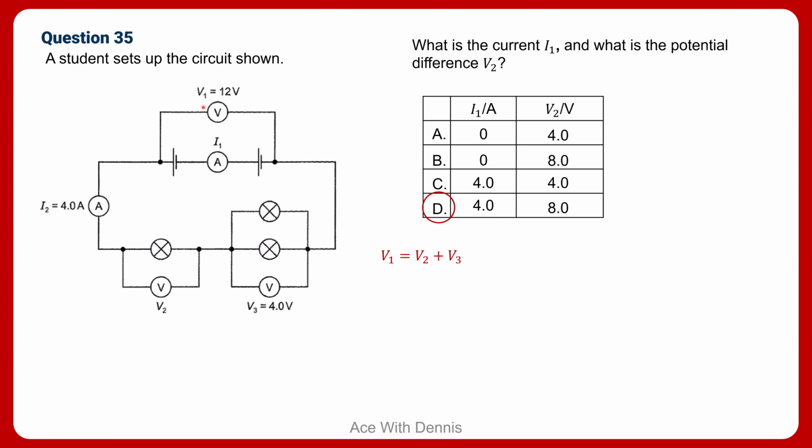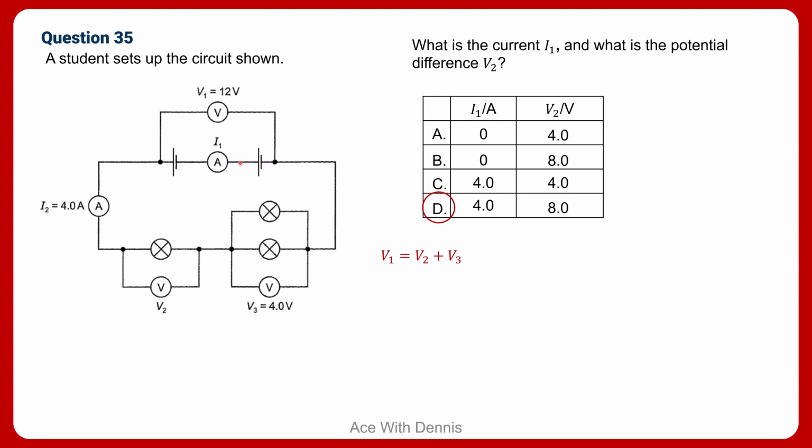V2 measures the potential difference for this lamp. V3 measures the potential difference across these two lamps which are connected in parallel. These three lamps are passive components. The cells here are the active components.